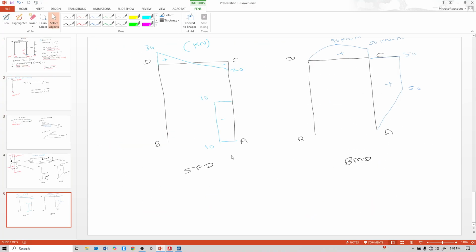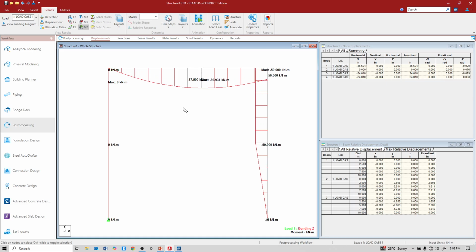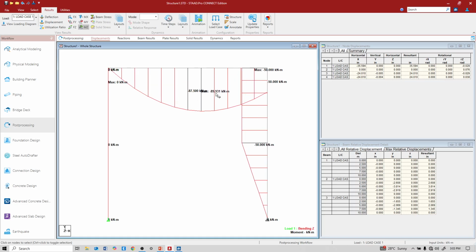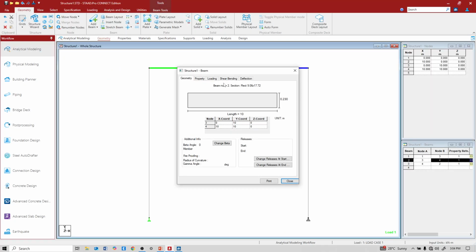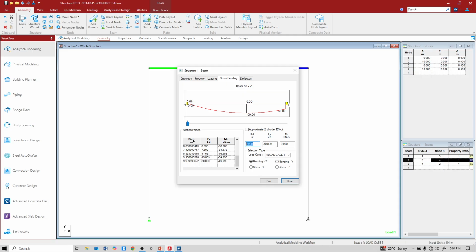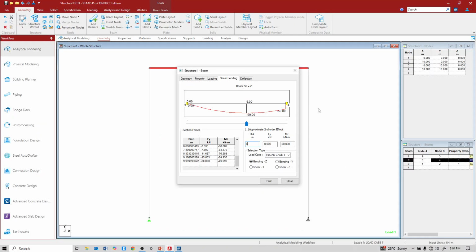So here 30, 20, 10, 10. Yes, it is correct. Now see moment. It is minus 89.9. It means it is 90, and see at which distance it is 90. At 6 meter it is 90, not at 5 meter. At 5 meter it is 87.5, and at 6 meter it is maximum. So our calculated BMD is correct.